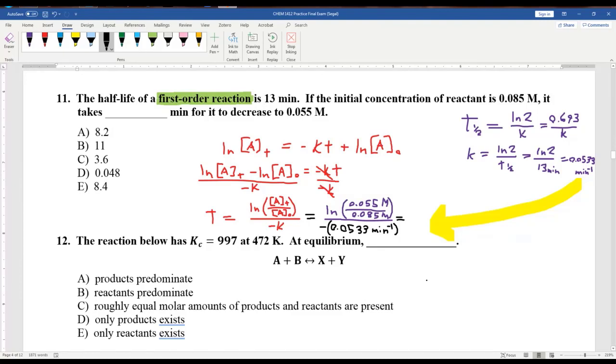So then I'm just going to go ahead and take the ln of 0.055 over 0.085 and then divide it by that negative k, and what do I get? Yeah, 8.2 minutes. And then I'll put 8.2 minutes. So this is your answer, A.